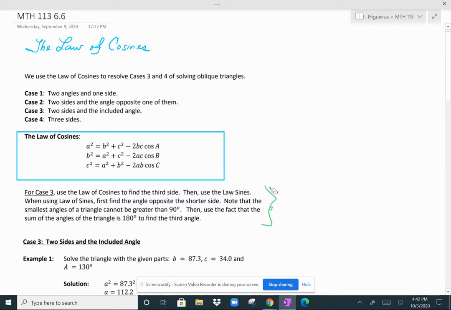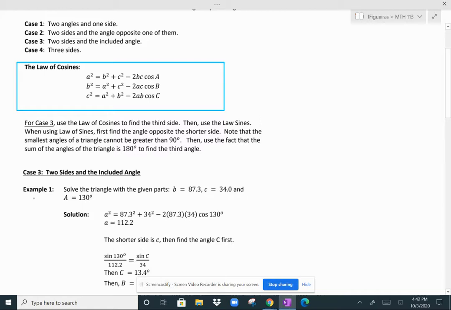All right, here's an example. I want to solve the triangle with the given parts: b equal to 87.3, c equal to 34, and angle A is 130 degrees. Angle A is between these two sides, that's the included angle.